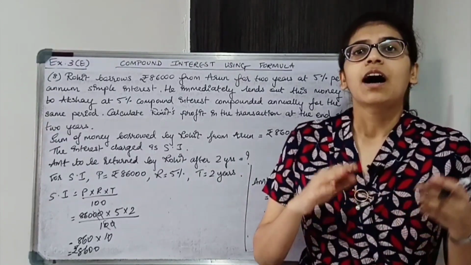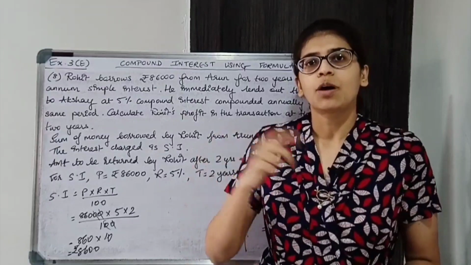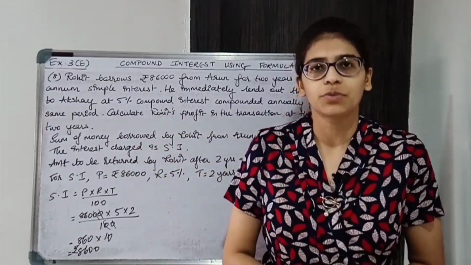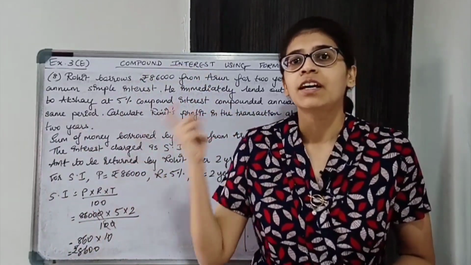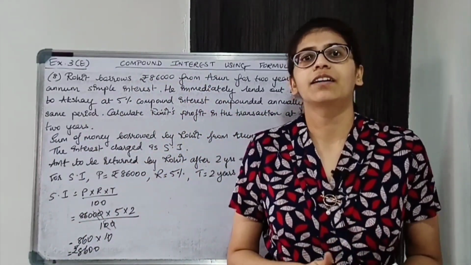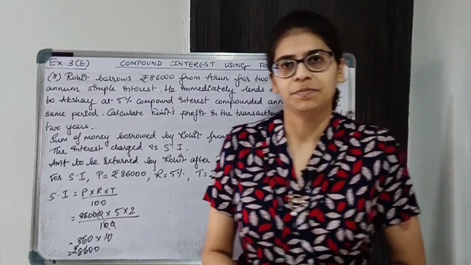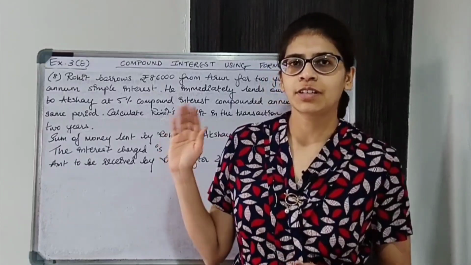Now let's see how much amount Rohit will get after 2 years from Akshay. He is giving the same money to Akshay at compound interest. So let us find out the amount that Akshay will give to Rohit. Now we'll write down the similar information for the other case.